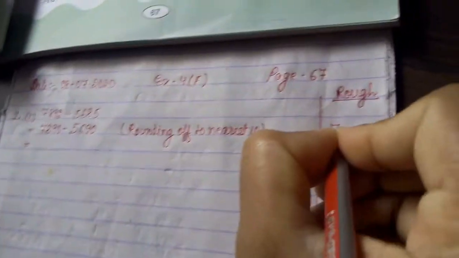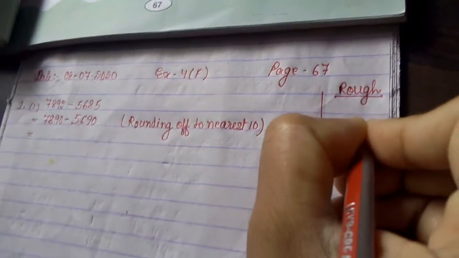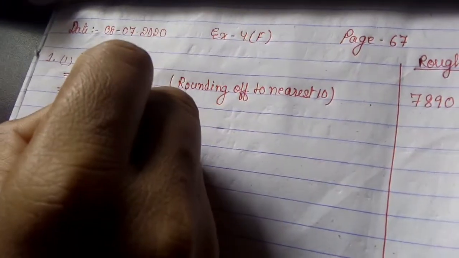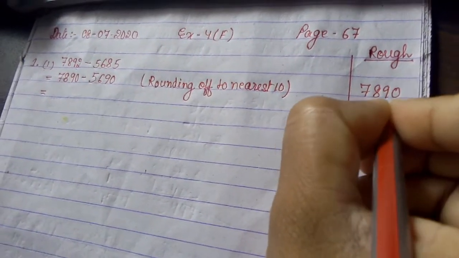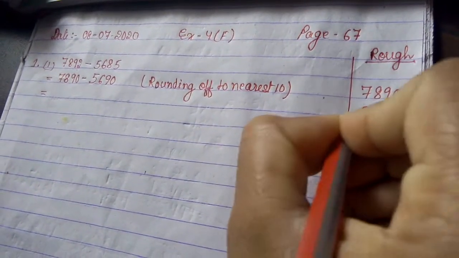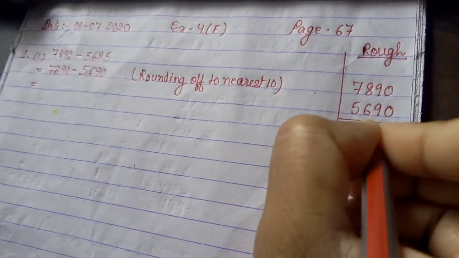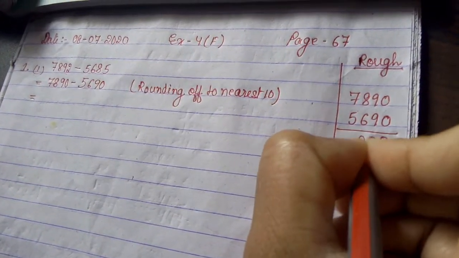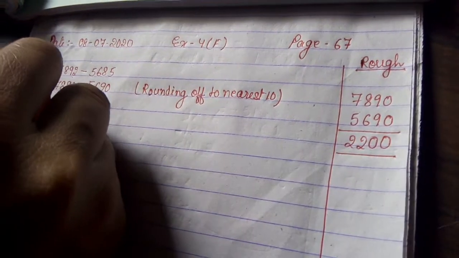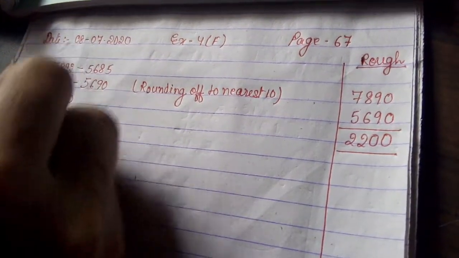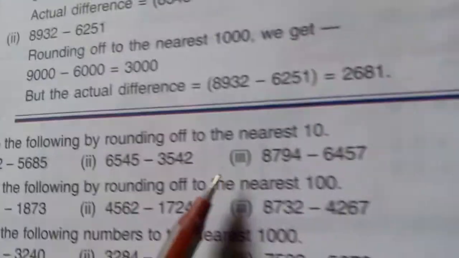So here we will write the number which is at first on the top and the number which is at back at the bottom. Now we will subtract. So this is the required answer, 2200. So we will do question number 2 and 3 like this only.